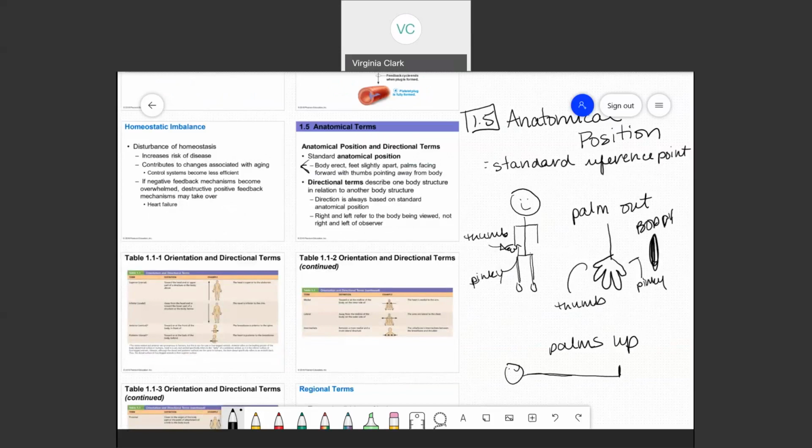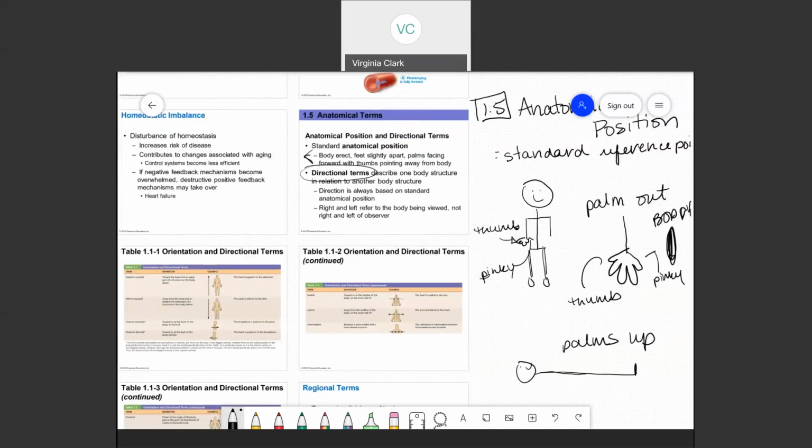So then we're going to also talk about some directional terms. These directional terms are to make sure that we can describe body structures in relationship to another one. This is essentially reading a map. So we're going to go through these real quick on my non-stick drawings.